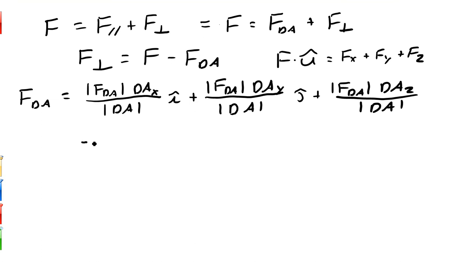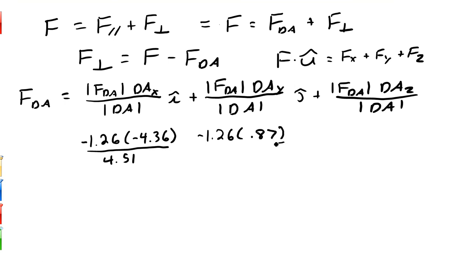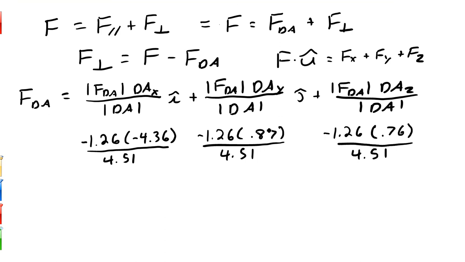So we have a negative 1.26 times negative 4.36 divided by 4.51. We have a negative 1.26 times 13.87 divided by 4.51. And we have a negative 1.26 times 12.76 divided by 4.51.